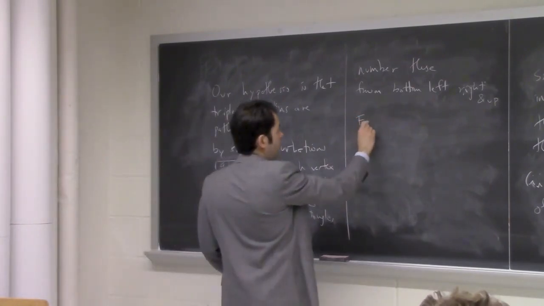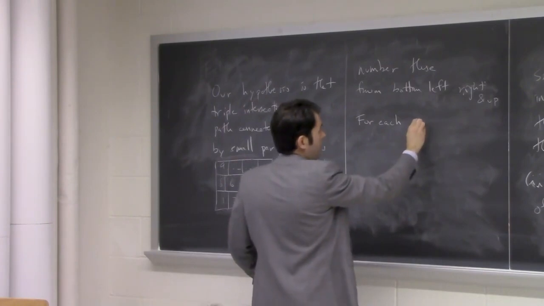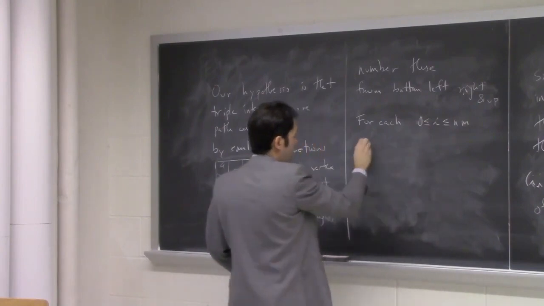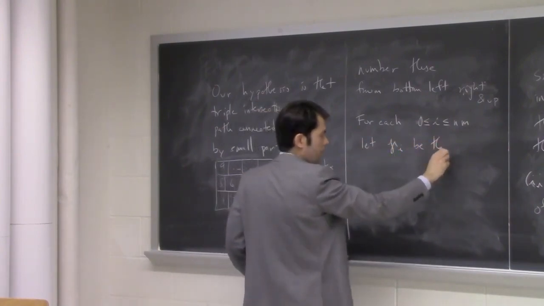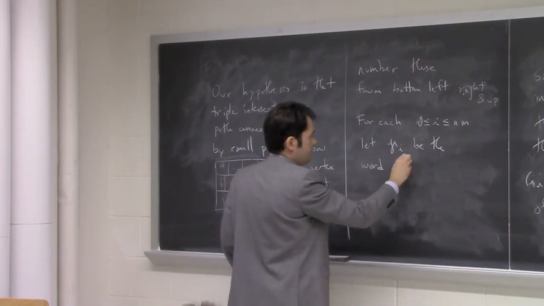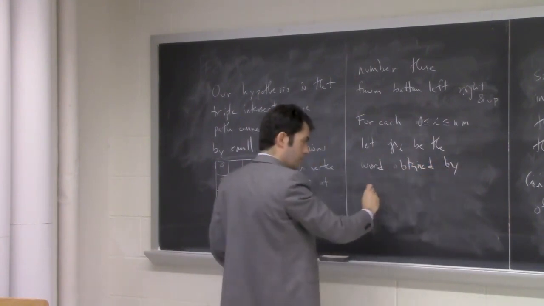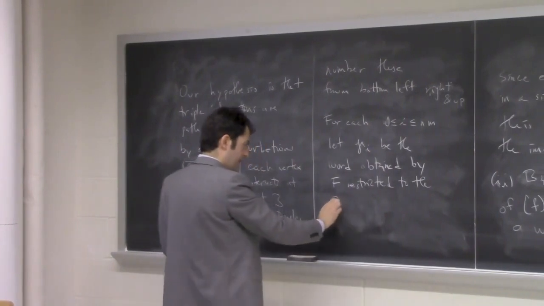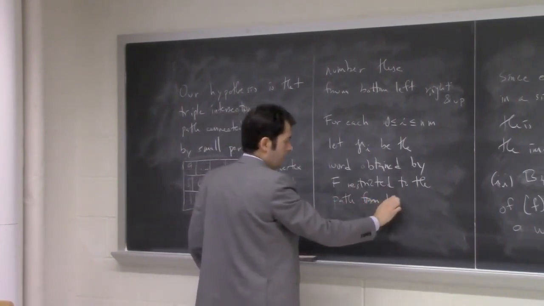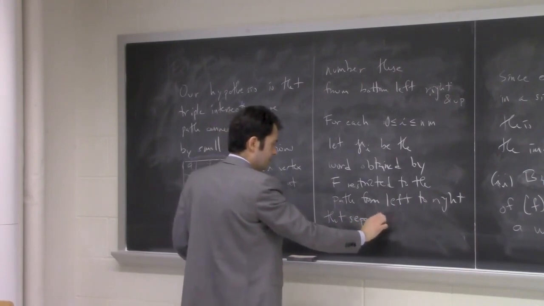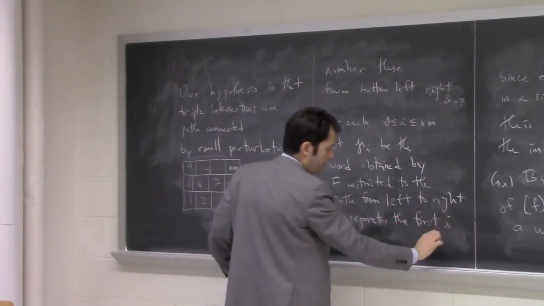Okay, then for each index, say i, between 0 and m, let gamma i be the word obtained by f restricted to the path from left to right that separates the first i boxes.